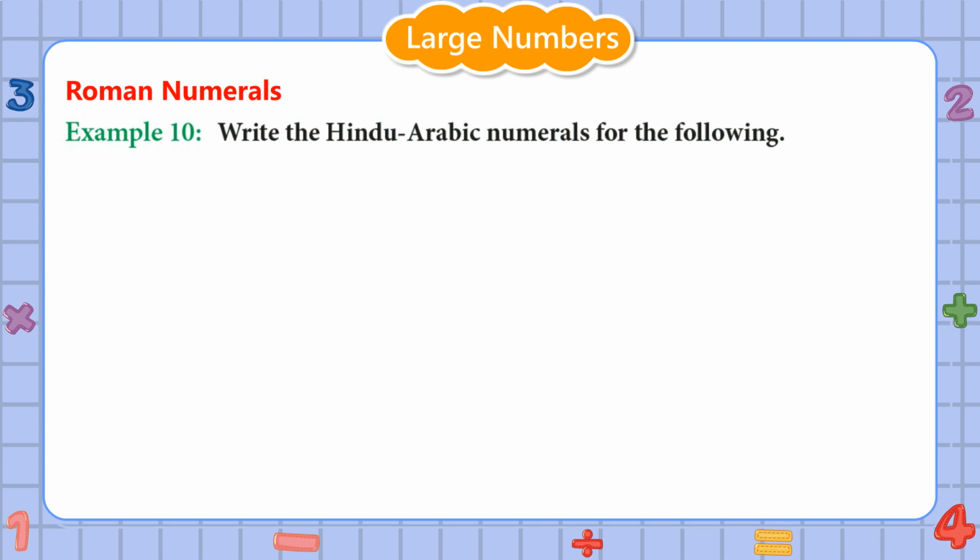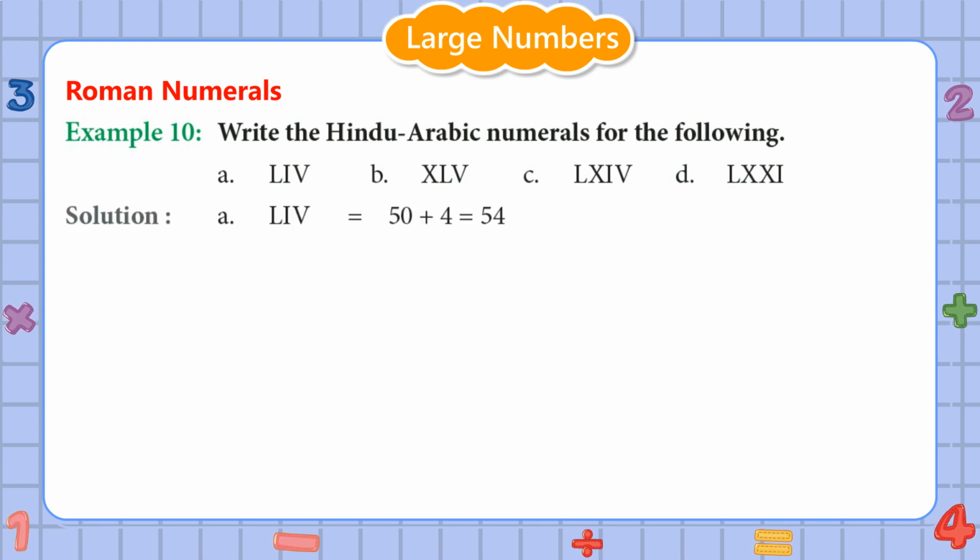Example 10. Write the Hindu-Arabic numerals for the following: A. LIV, B. XLV, C. LXIV, D. LXXI.